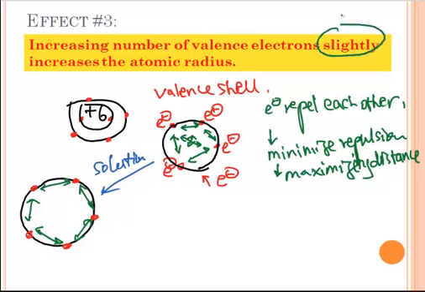Let's take a look at the other trend we discussed before, across the period. Actually, atomic radius goes down, and I'd like to understand why.